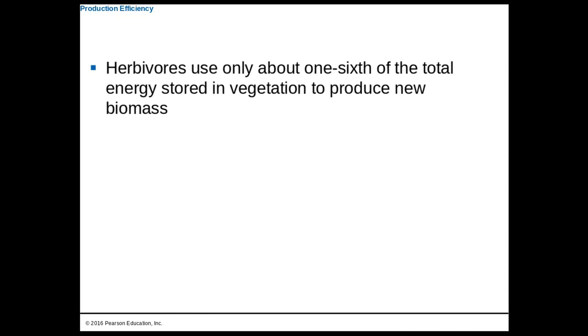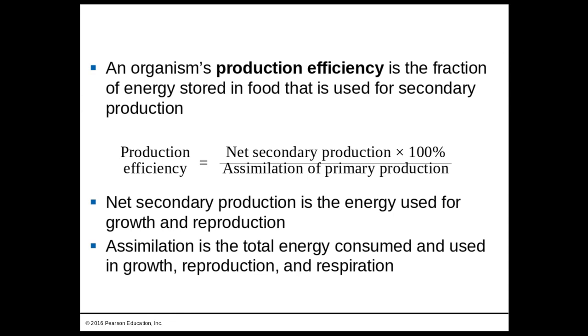So in this case, when we're taking a look at our efficiency, we see that herbivores use only about 1/6 of the total energy from plants to produce new biomass, so to produce new chemicals of their own. This production efficiency can be calculated as the fraction of energy stored in food that is used for secondary production.